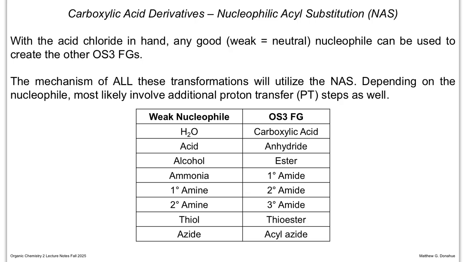So I think what we'll do is end a smidge early today. We have enough time on Monday to complete the rest of this stuff. I think this is a nice breaking point because what we've seen is now that we have the acid chloride, how do we substitute that chlorine for these other nucleophiles to make these other oxidation state 3 functional groups?